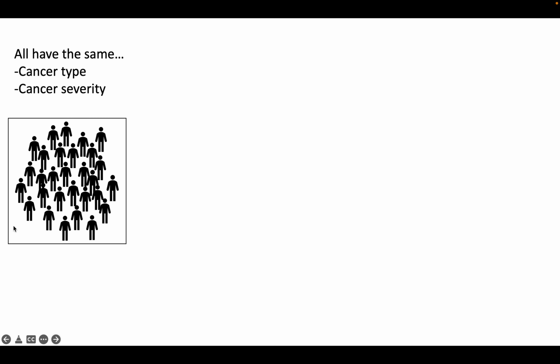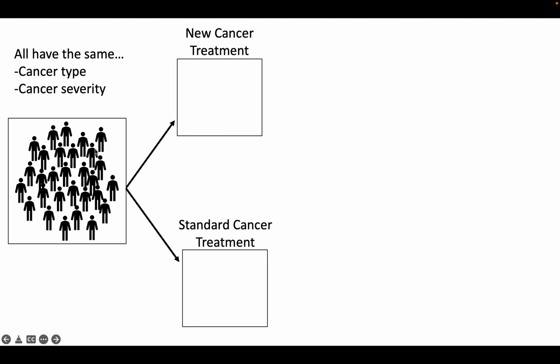So in a typical randomized control trial setting, let's say we're looking at whether a new cancer treatment is better than the existing cancer treatment. We get this group of people that all have the same cancer type and the same cancer severity, so they're at the same stage in their disease progression.